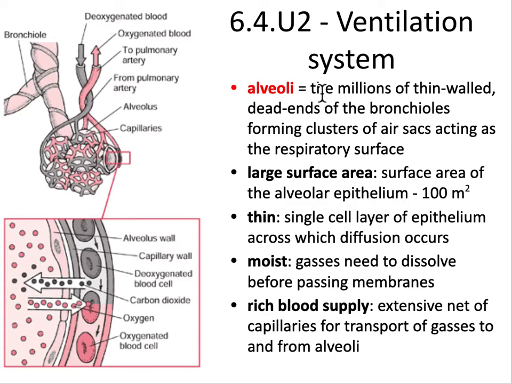So here are some definitions and some facts about the alveoli. The alveoli are the millions of thin-walled dead ends of the bronchioles, forming clusters of air sacs acting as the respiratory surface. It's super important that you notice it's thin-walled. This allows for easy diffusion across the membrane, just like capillaries.